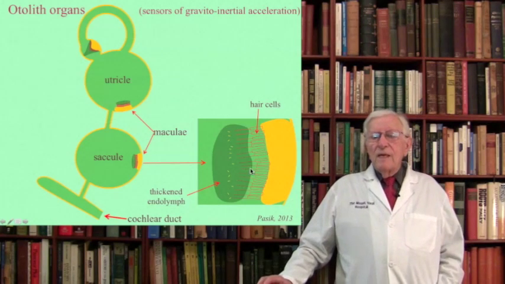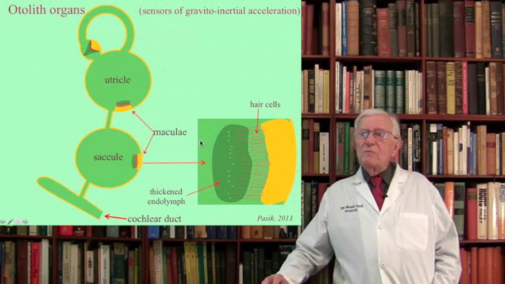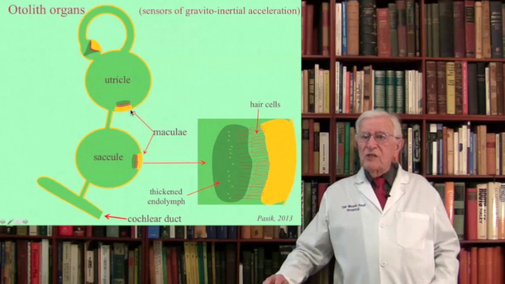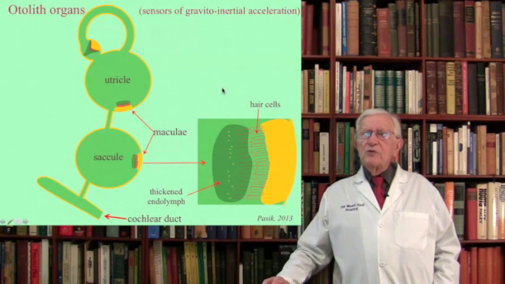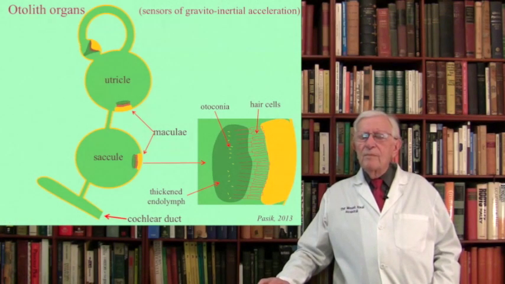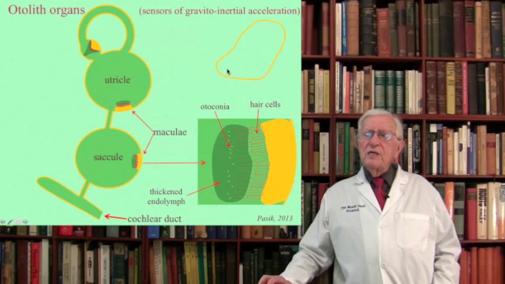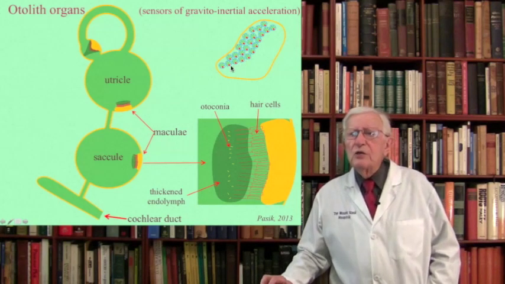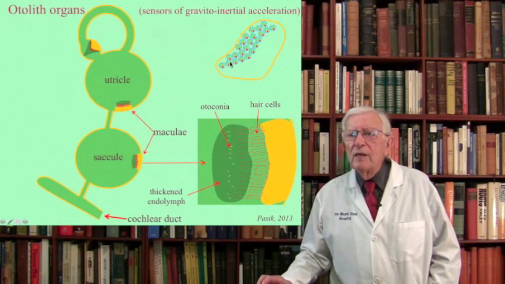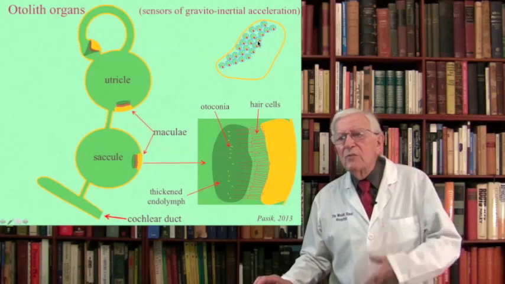All right. Now, when you look at one of these macula head-on, for instance the utricular macula, you see that it has this general shape. In one region of this macula, all the hair cells have the kinocilium oriented the same way, towards that center portion.